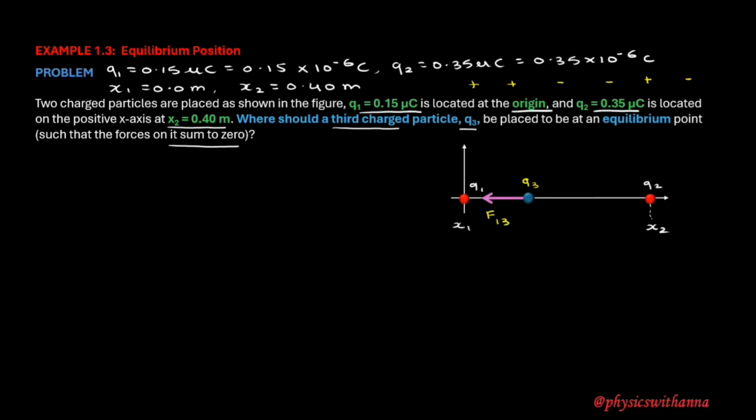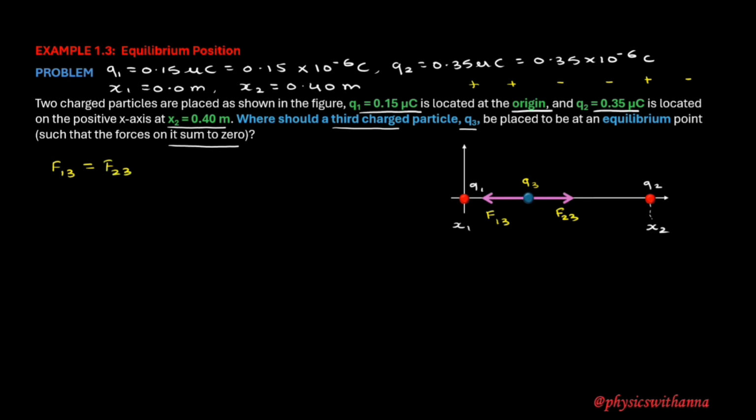Same with Q2: because of Q2, Q3 will be pulled to the right, and we call this force F23. For charge Q3 to be at equilibrium, the two forces acting on it must be equal in magnitude and opposite in direction. So we can write their magnitudes to be equal. F13 will be equal to F23.